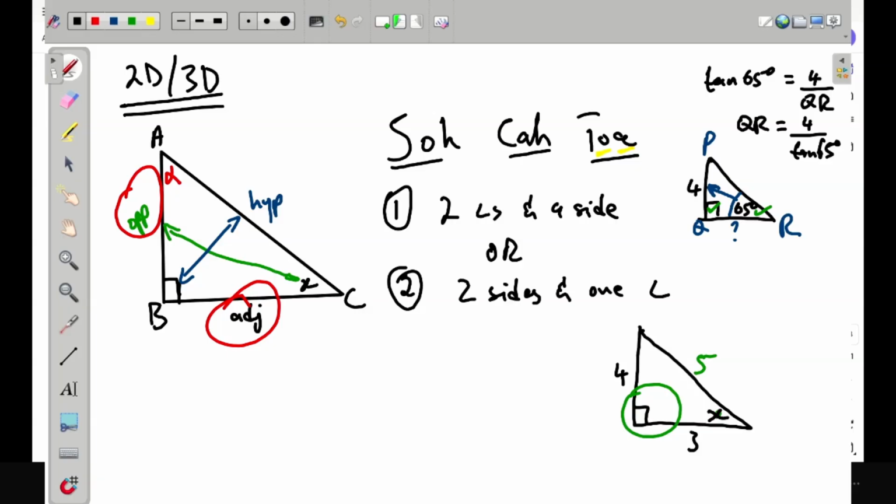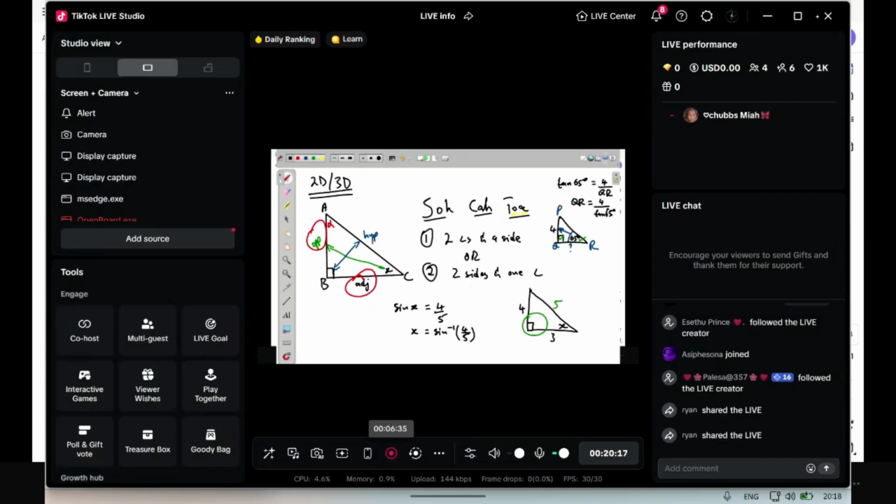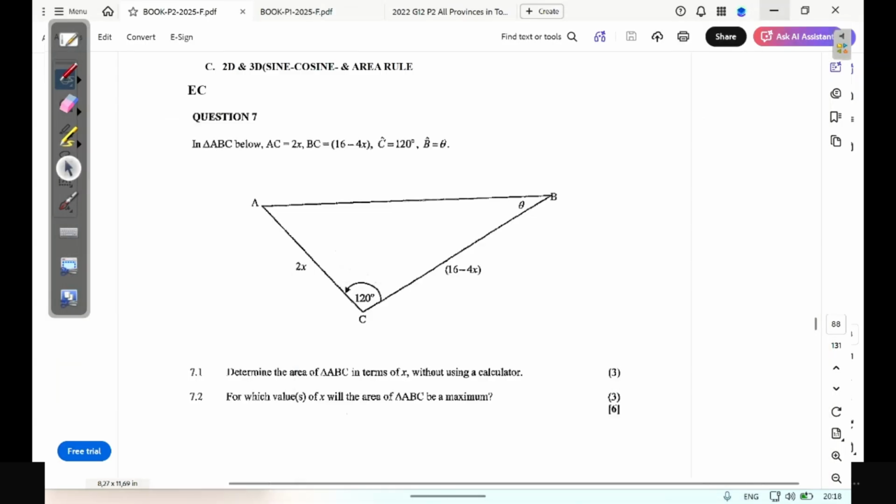So for argument's sake, I can go sine x is equal to the opposite, which is a 4, over the hypotenuse, which is a 5. And I want to solve for x. At this stage, you should all be aware that to solve for x, you got to take arcsine of the ratio 4 over 5. And this is what you call shift sine in your calculators.